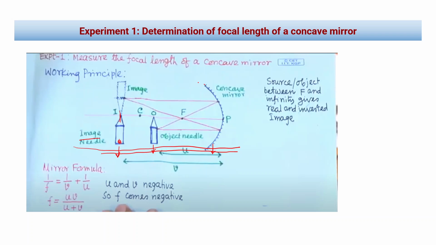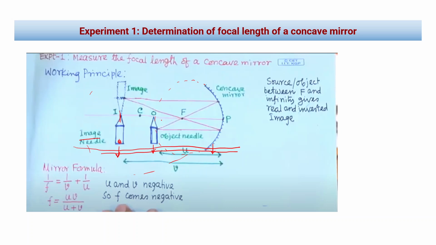Why is the focus inside? Because when it was part of this sphere, even the center of curvature will be inside. It's part of a very big sphere actually. So the center of curvature and the focus are inside this. That's why for a concave mirror the focus is on the left side.